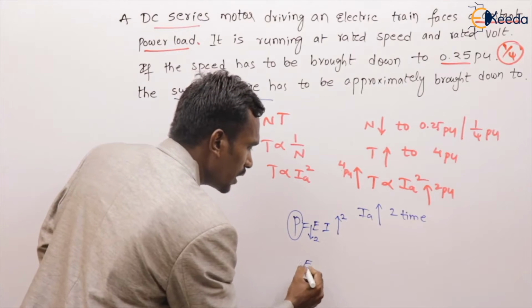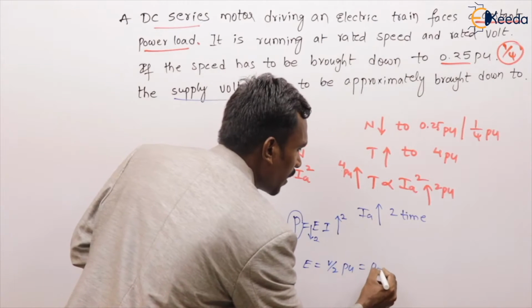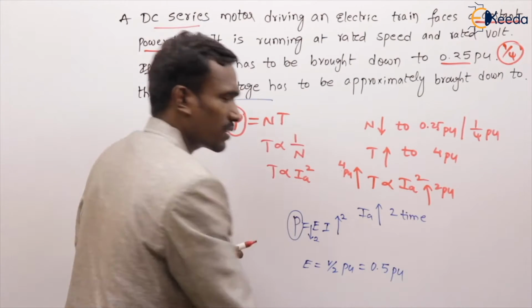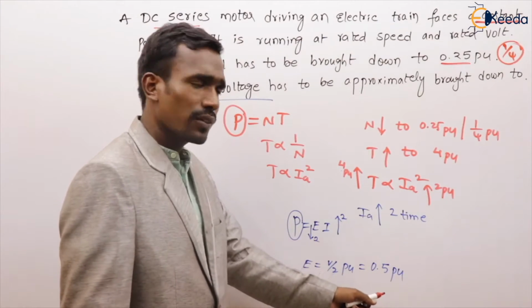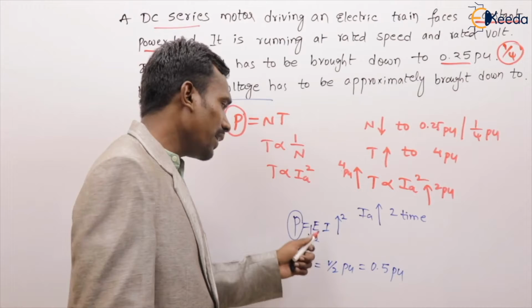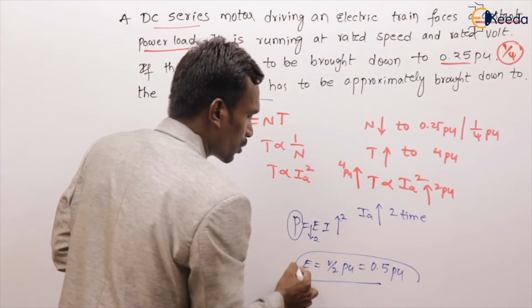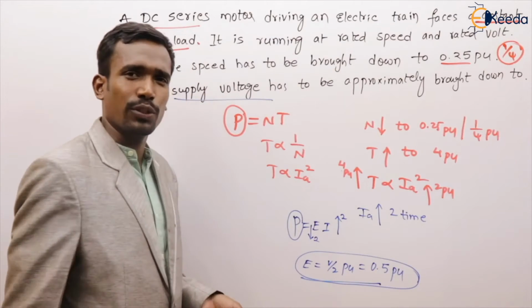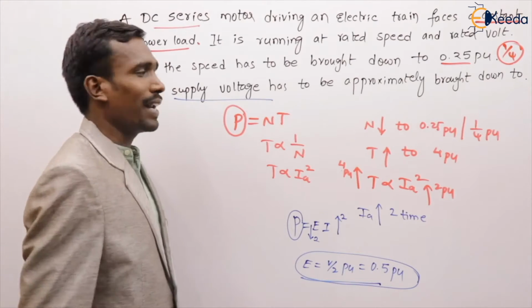So E is equal to V by 2 per unit, or simply 0.5 per unit. The voltage should be reduced to 0.5 per unit.